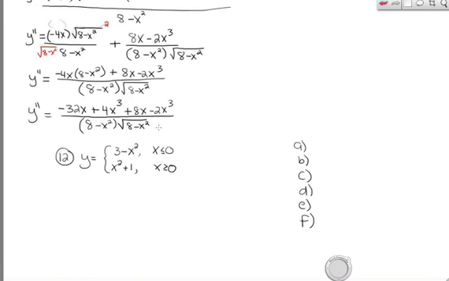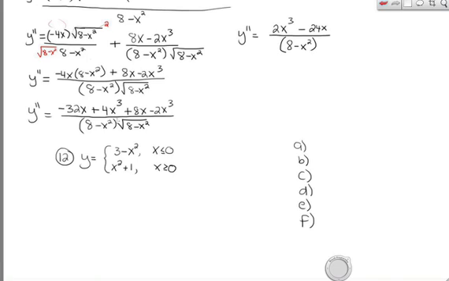Alright, simplifying one more time, let's move over here. It looks like I got a 4x cubed minus a 2x cubed. So I get 2x cubed. And then I have minus 24x over, and if I wanted to, I really could combine the denominator together, because since they have the same base, I really have 8 minus x squared.